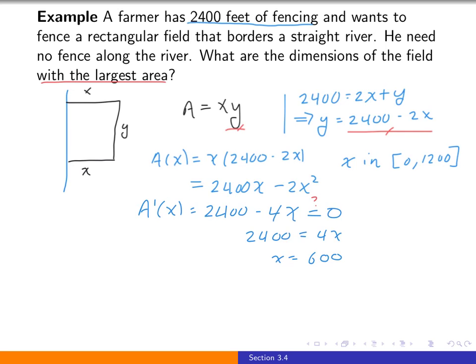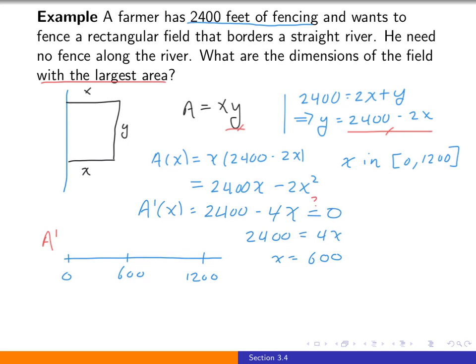Now, in order to determine if this critical point is going to correspond to a local max, local min, or even global max and min, we can make a number line, as we did in previous problems. So 600 is our critical point. We're looking from 0 to 1200.